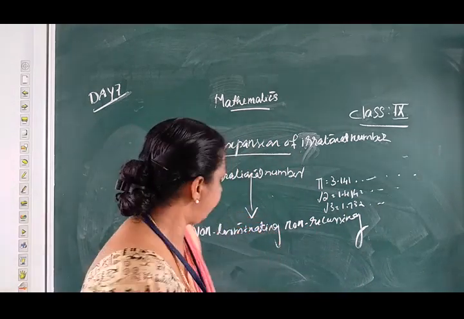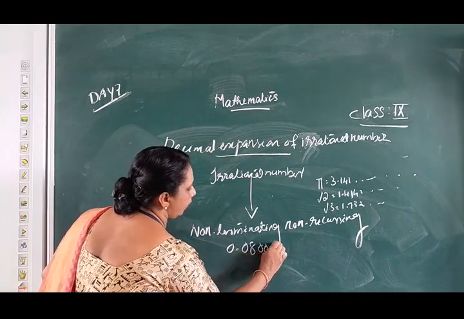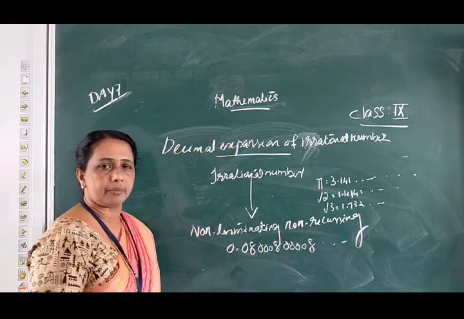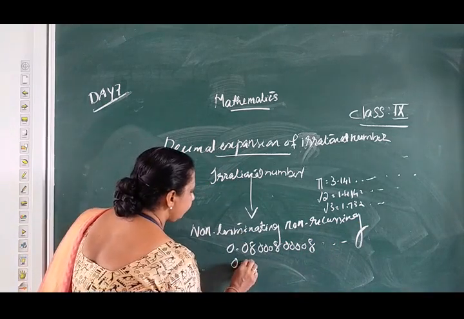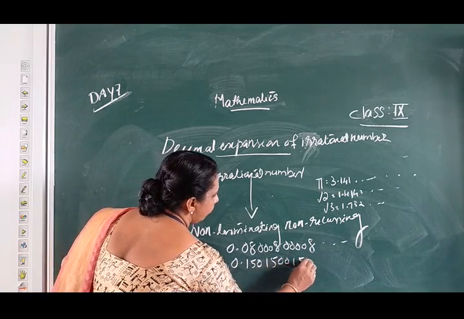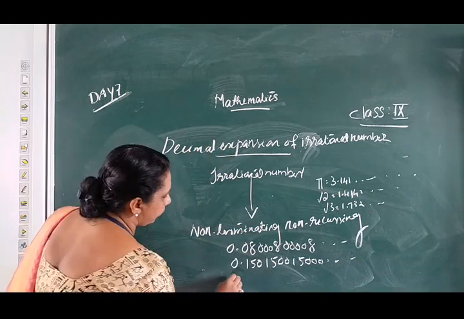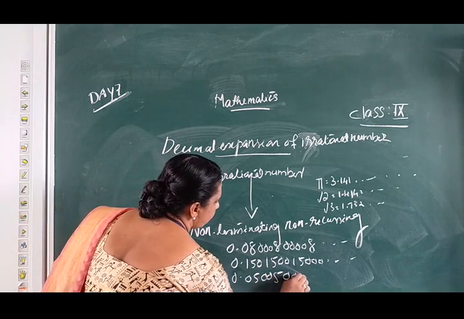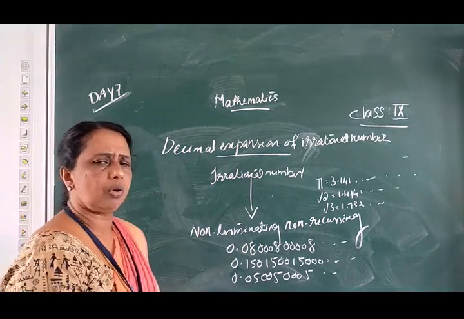We can write another example, 0.000808 etc. This is a non-terminating, non-recurring decimal. Another example, 0.050050005 etc. Here, no digit or block of digits is repeating.